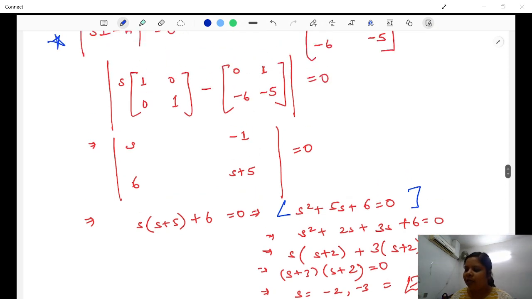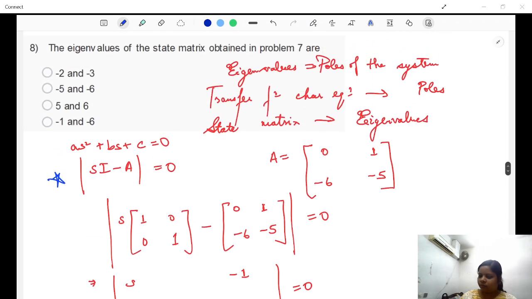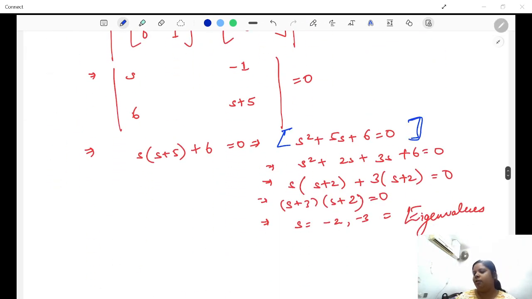And if you know some method to find the transfer function of the system, let's say you have been given this A, B, C, D matrix, from here, if you have some method to find the transfer function, you will get this characteristic equation only, and you'll be deriving these poles only from there also.